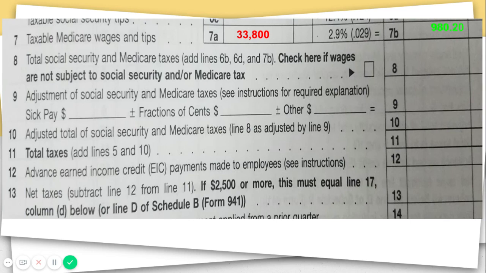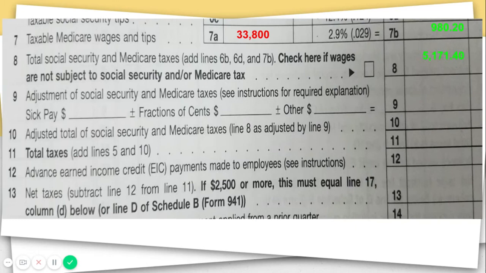Line 8, total Social Security and Medicare taxes. So it tells us we need to add line 6B, D, and 7B for line 8. Then we get $5,171.40. Line 9, adjustment of Social Security and Medicare taxes.